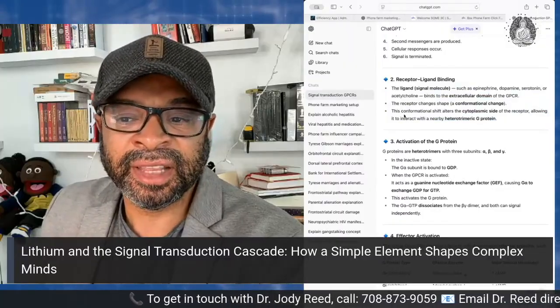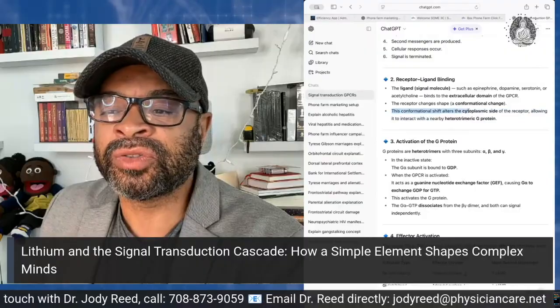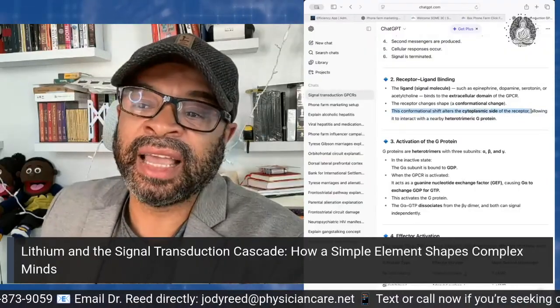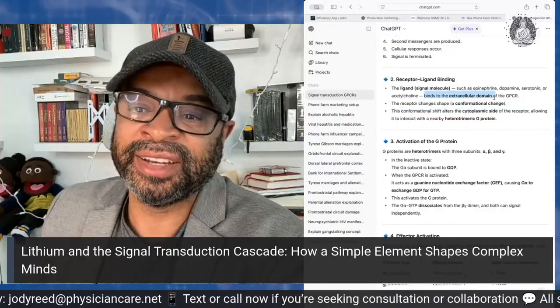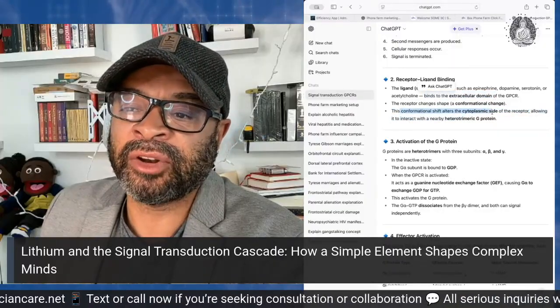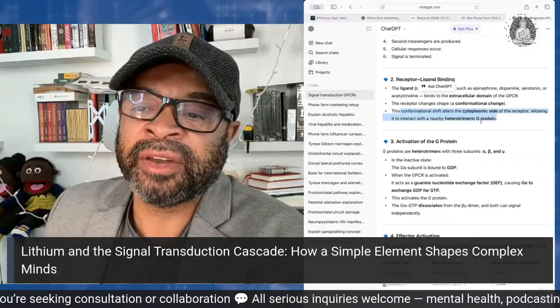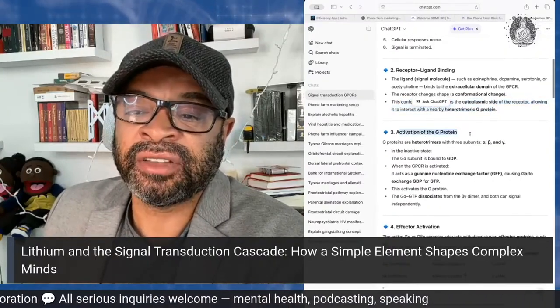Let me go through this again. Remember, the ligand binds to the extracellular domain, right? And then the conformation alters the cytoplasmic side of the receptor, allowing it to interact with the nearby heteromeric G protein, right?